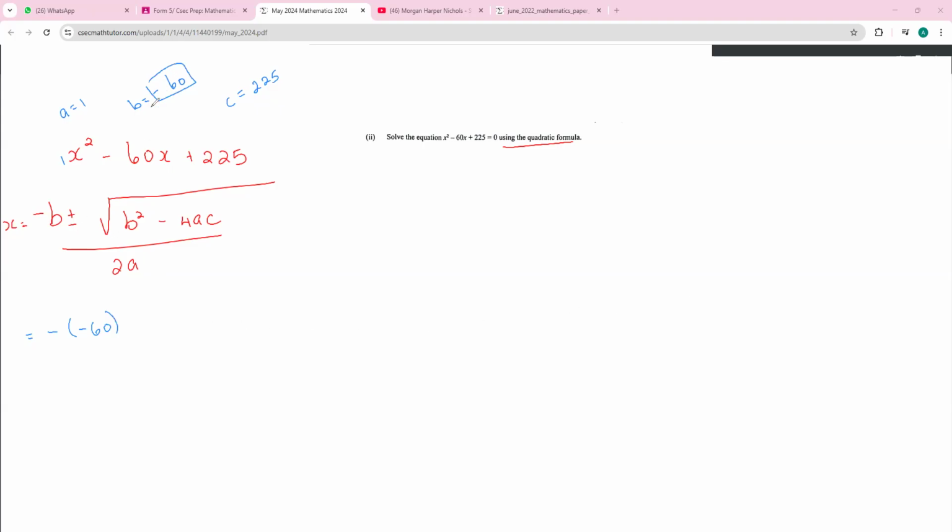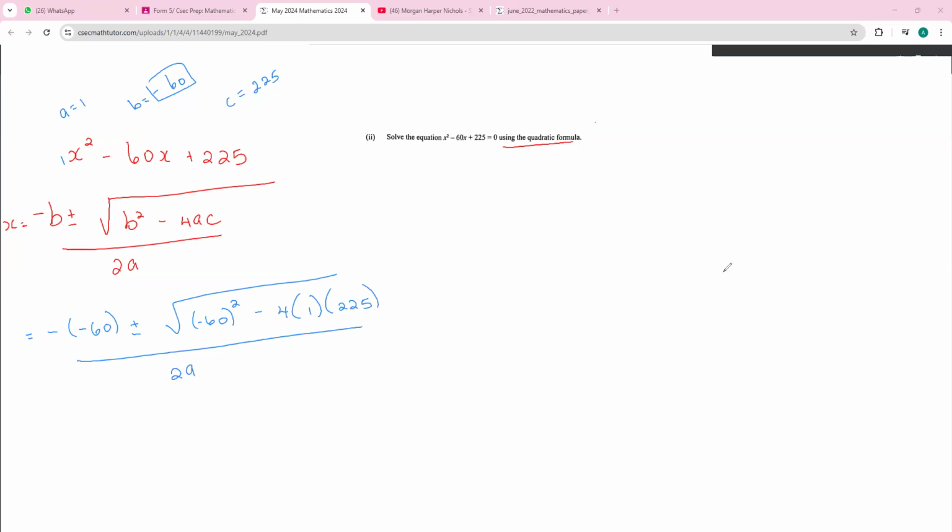So remember, b is negative 60. So the negative of b will be positive 60. Plus or minus the square root of b squared. B is negative 60. Minus 4, a is 1, c is 225 all over 2a.